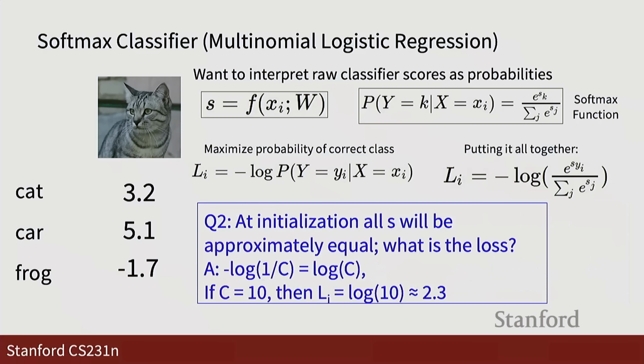Especially if it's C10. Because the probabilities are equal, it means that all of the probabilities are around 1 over C, right? And then the loss will be defined as log of C, and we have 10. If we have 10 classes, then the log or ln of 10 is 2.3, which is the expected value we know about.